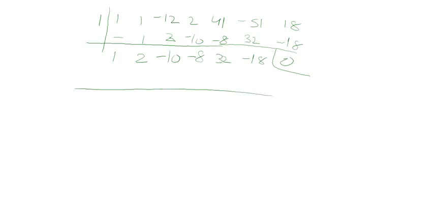Now if you see it carefully, these are the coefficients of the polynomial with the degree reduced by 1. Earlier it was a 6-degree polynomial: x power 5 coefficient, x power 4, x power 3, x square, then x, and then the constant term. Again, 1 becomes a root by inspection.